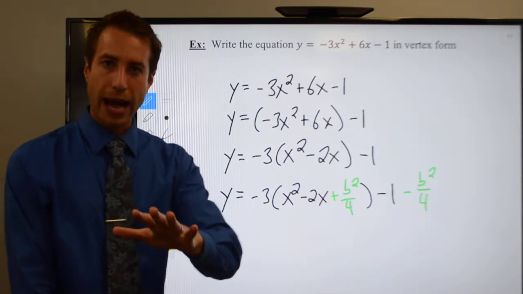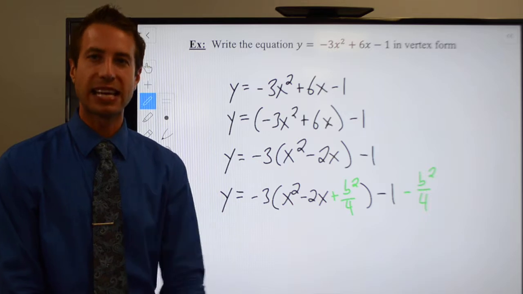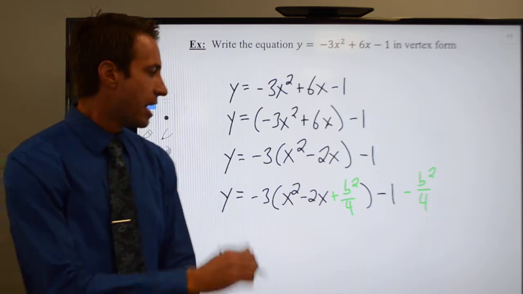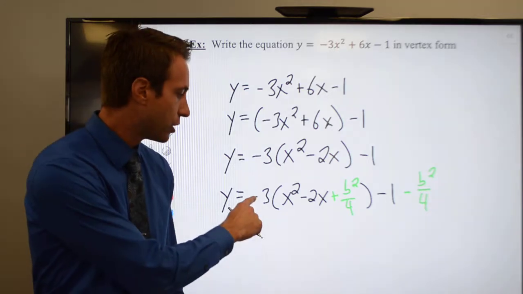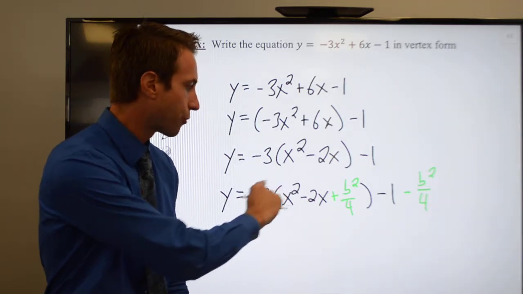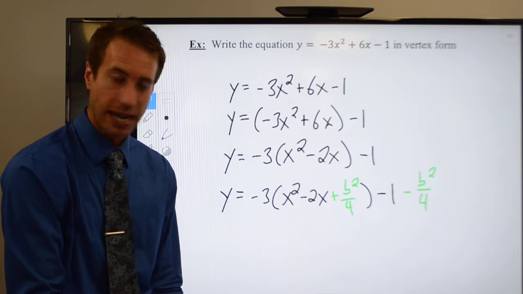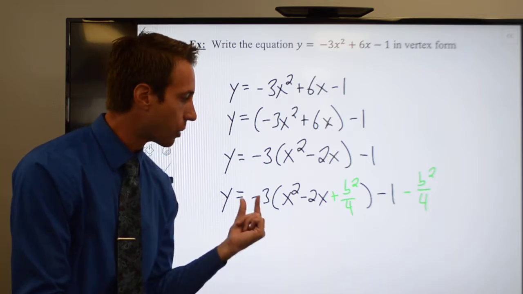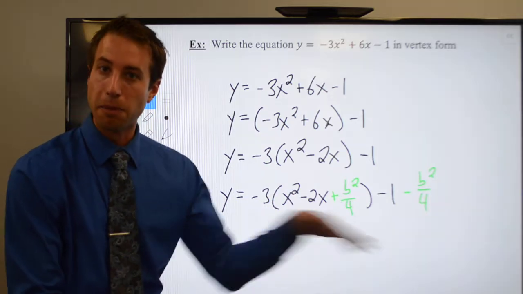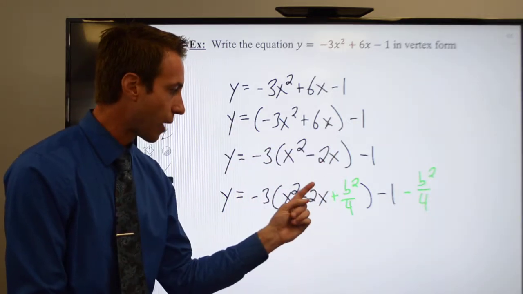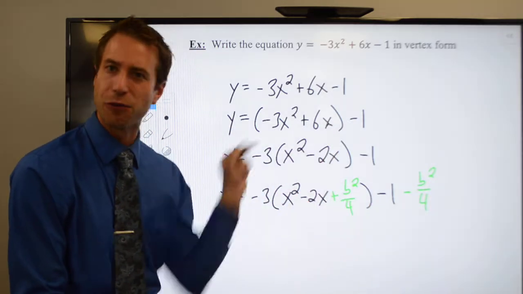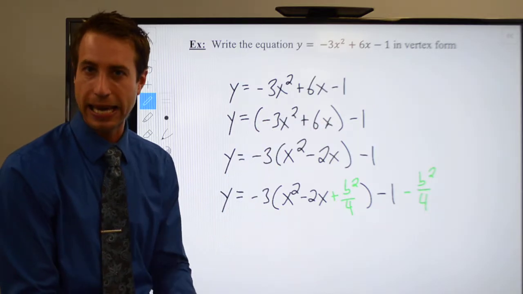Now, why, right? I say missing the negative 3. Here's what happens if you were to multiply this back out. I would distribute the negative 3 through the parentheses, and this b squared over 4 would get that negative 3 back. I pulled out the negative 3, I complete the square, distribute the negative 3, and I would put my negative 3 back in.